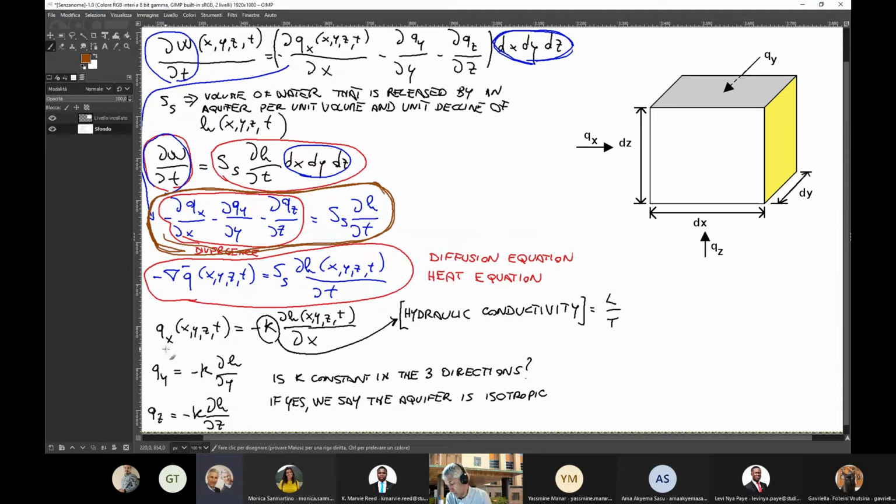And therefore, I can substitute these three, Qx, Qy, Qz, into here.